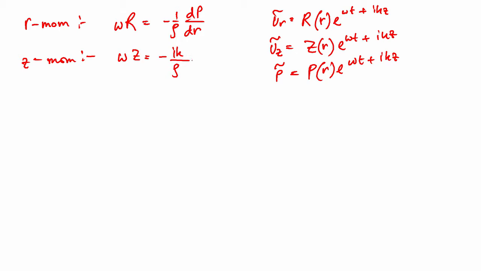You get complex notation, because in z you have got i k z, which you do not have in r. And then the continuity equation becomes this. This R is the amplitude, whereas small r is the radial coordinate.